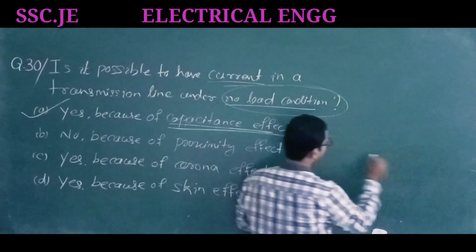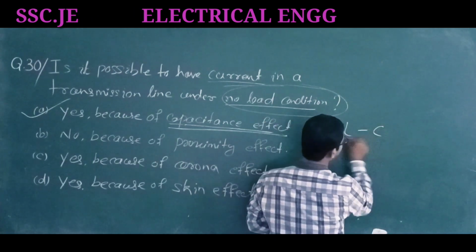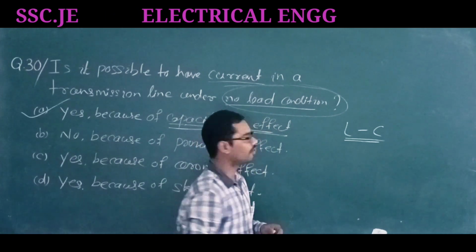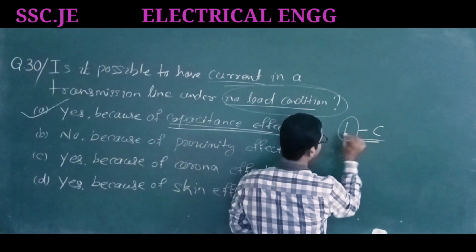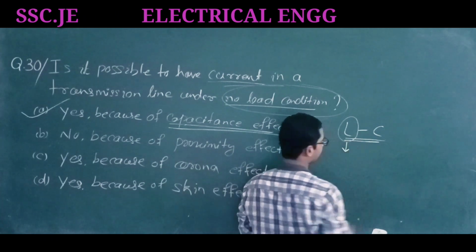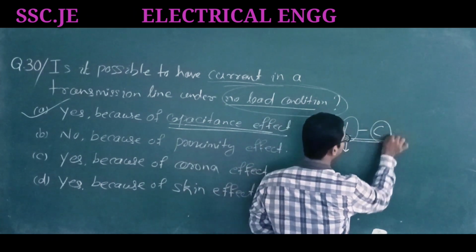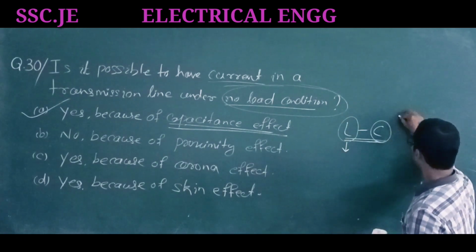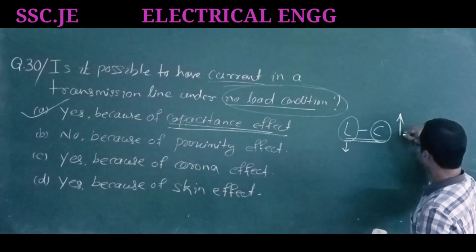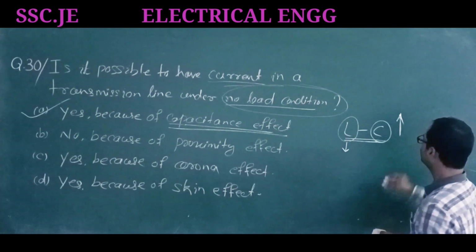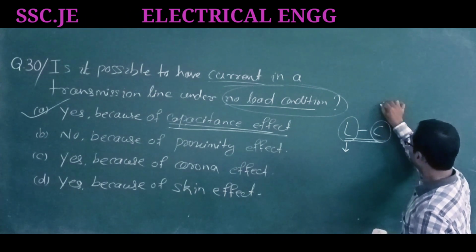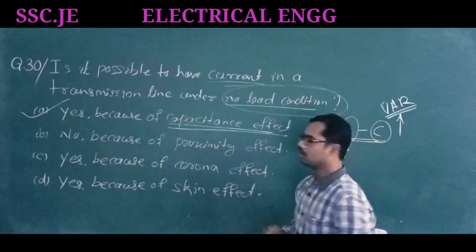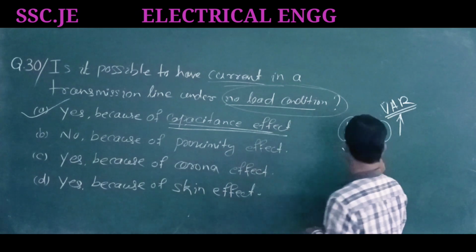In the transmission line, both inductive and capacitive nature are present. Under no load condition, the inductive effect is reduced, meaning only the capacitance will be there. The nature of the capacitance is to store charge, and in the transmission line it increases the reactive power, VAR.